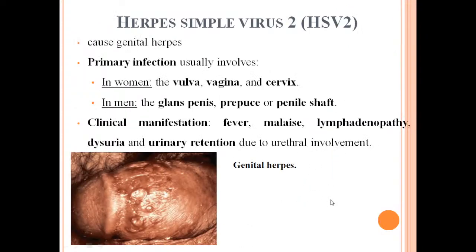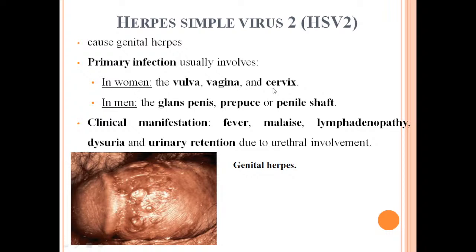Another one that also belongs to the family Alphaherpesvirinae is herpes simplex virus type 2, which causes genital herpes. So you understand it's transmitted through sexual contact. Primary infection usually involves organs such as the vulva, vagina, and cervix in women.